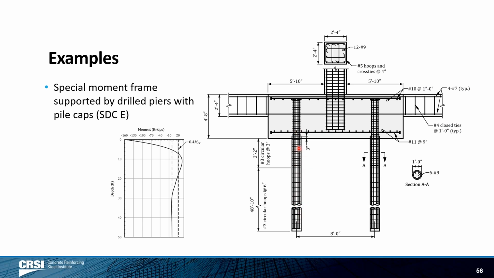You'll also notice we extended, I should say, the longitudinal and transverse reinforcement at this critical section in the drilled piers up into the pile cap and tied everything together. We've got these foundation ties as well, which are grade beams, and those are all designed and detailed. The longitudinal bars have to run through the pile cap according to the provisions that are given in Chapter 18.13 of the code.